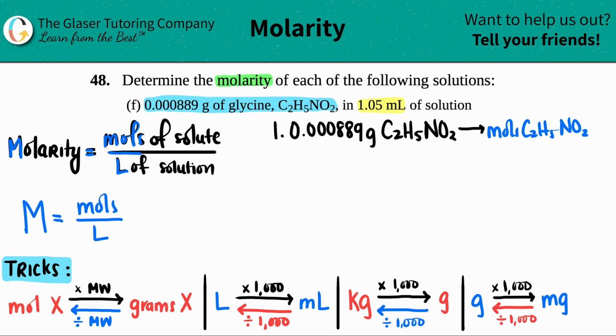It's the only non-chiral amino acid for all you guys that are going to be taking organic chemistry. Ooh, so exciting. I love orgo. But let's keep going. So I have to convert the grams of glycine into moles of glycine. And then after I do that, I have to do step 2, which would be to take my 1.05 mL and convert it into liters.